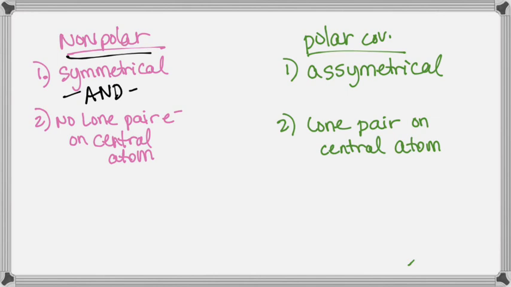It could be one lone pair, two lone pairs, it doesn't matter. If you have either one, it's automatically polar covalent. So probably the easiest thing to look at is, do you have lone pairs on your central atom? Automatically, if you see lone pairs, it's going to be polar. Okay? So that is polarity in a nutshell.